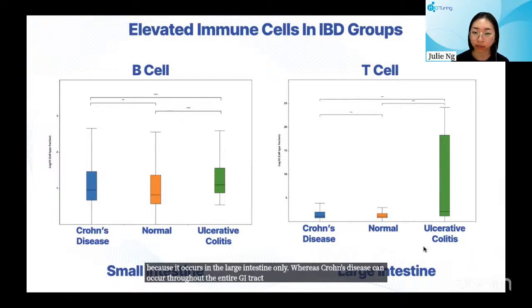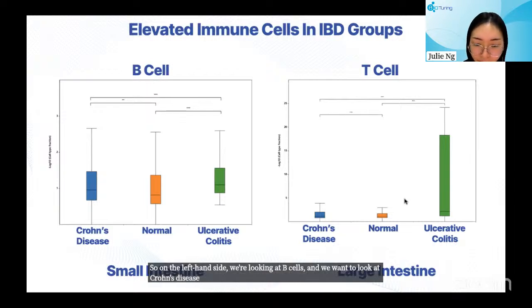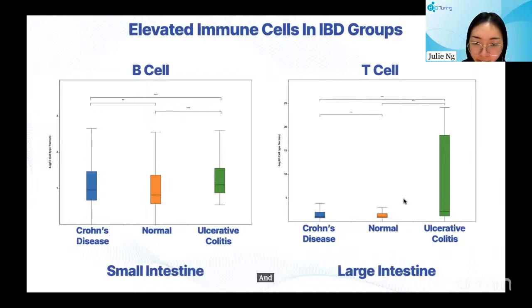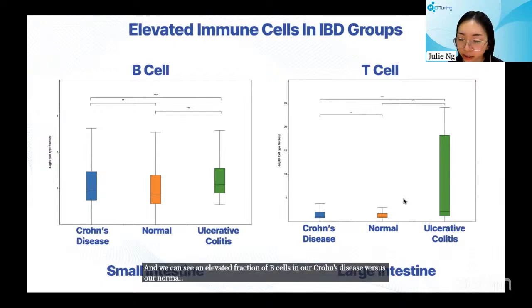However, in this specific data set, they took samples from the small intestine. On the left-hand side, we're looking at B cells, Crohn's disease versus normal in the small intestine, and we can see an elevated fraction of B cells in Crohn's disease. On the right-hand side, we're looking at T cells.